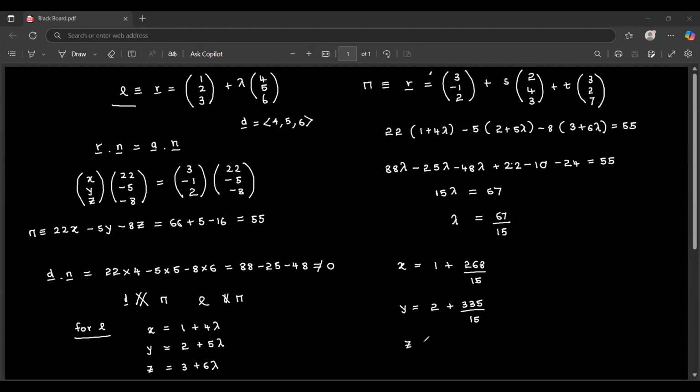Then z equals 3 plus 402 over 15. So this is what we have. That's all we need. We can use the calculator to find the points accurately, but I'll just stop it here. So this is what we have as the intersection between a line and a plane.